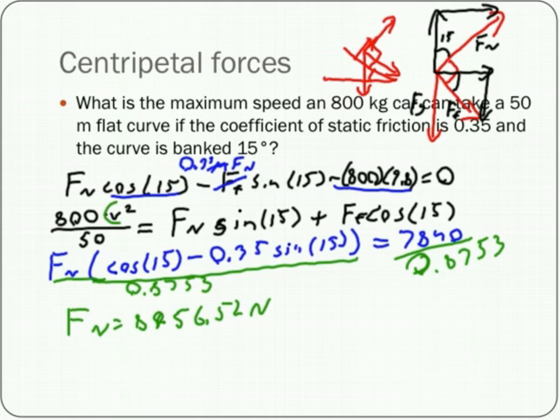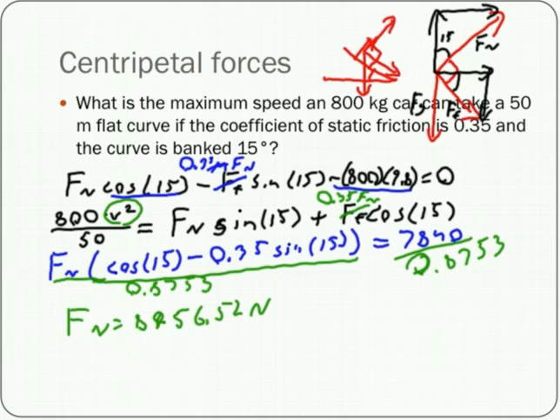All right, if we know that, then we should be able to plug it in and solve for our velocity here. Because we know 800 v squared over 50 equals our Fn sine 15 plus Ff, but we already said that Ff is just 0.35 Fn. 800 divided by 50 is just 16, so it's 16 v squared.